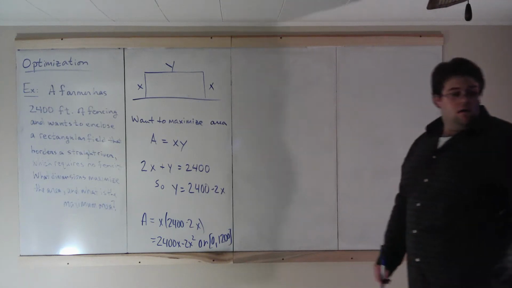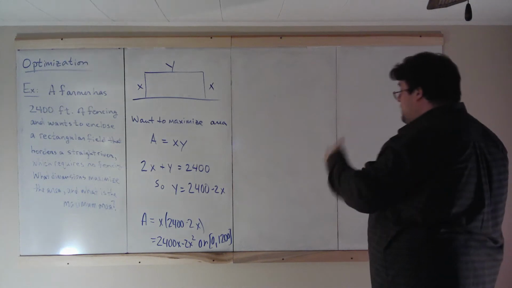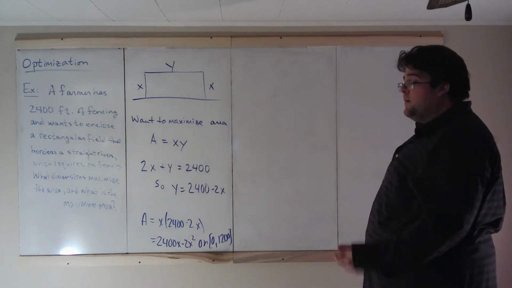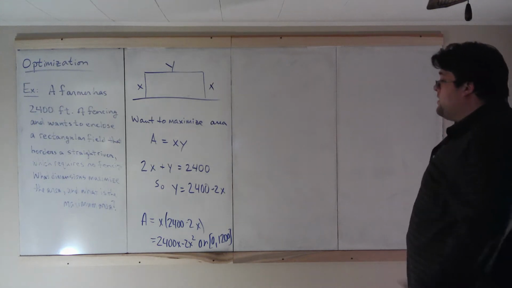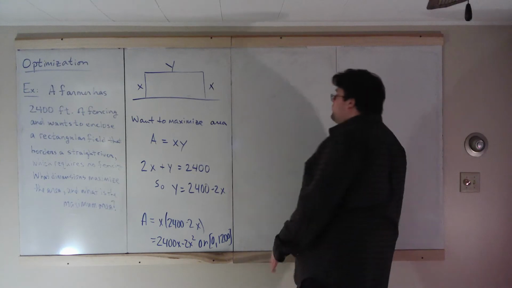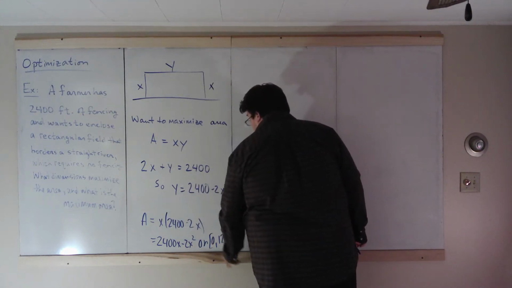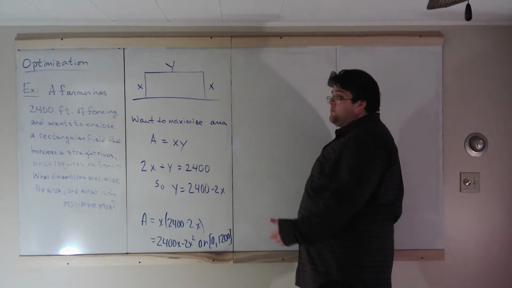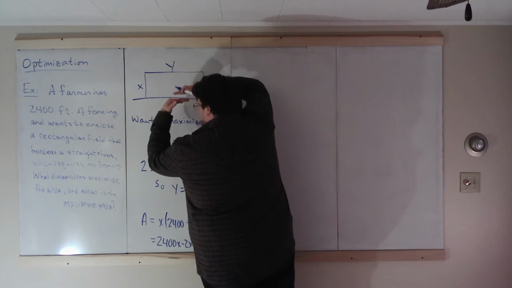So right now, we're looking to maximize a function on a closed interval, 0 to 1,200. Well, we can do that by finding the critical points and the endpoints and evaluating our area, and then we want the maximum, so picking out the area. Now notice, before doing any computations, the area evaluated at 0 and 1,200 is going to be 0, because it would be, in one case, an infinitely narrow rectangle in this way.